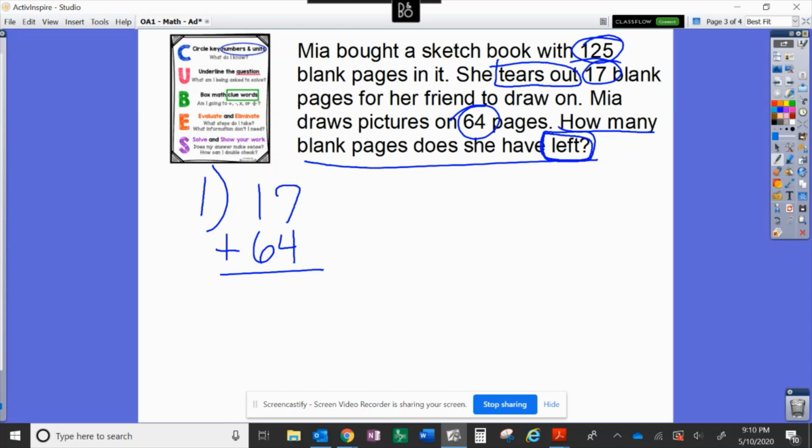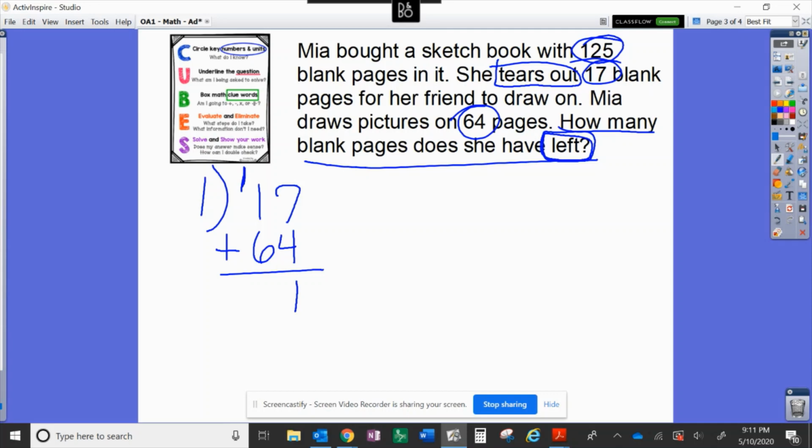So I know that 7 and 3 make a 10, but I actually have 7 and 4. So 7 plus 4 more equals 11. Now, again, I can only put one digit in the ones place. I'm going to put my 1 from the 11, and I'm going to take the other 1, which is actually a 10, up to the tens place.